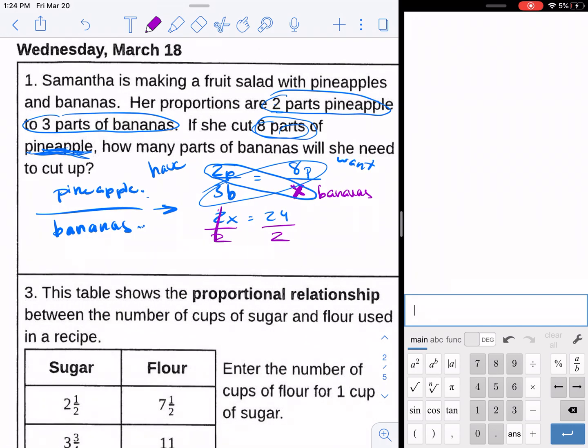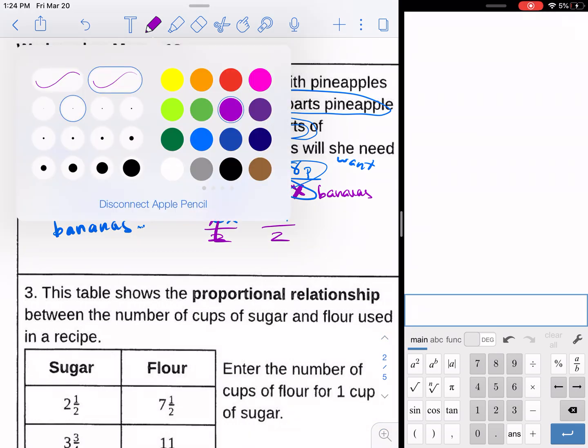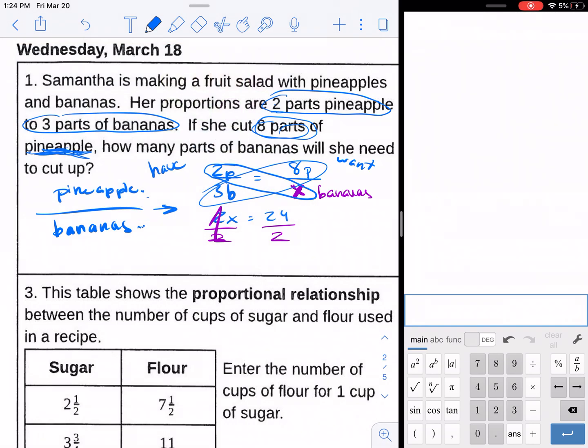That makes a 1. And 1 times x is just x. And then 24 divided by 2 is 12. So x equals 12, and remember x represented bananas. So it's 12 bananas.